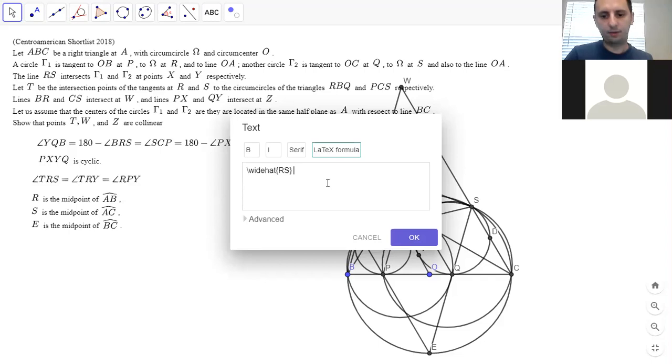So arc RS is arc RA plus arc AS, is equal to half of arc BAC, which is equal to arc BE.